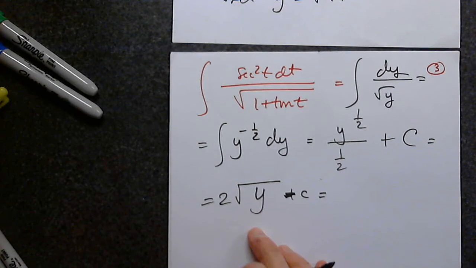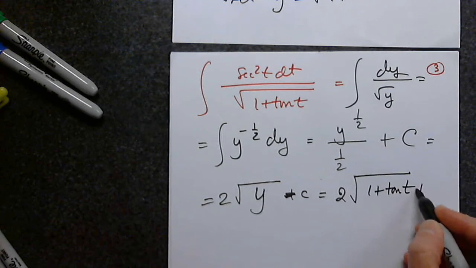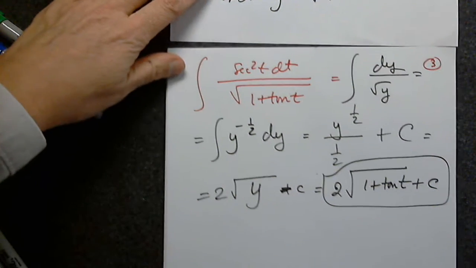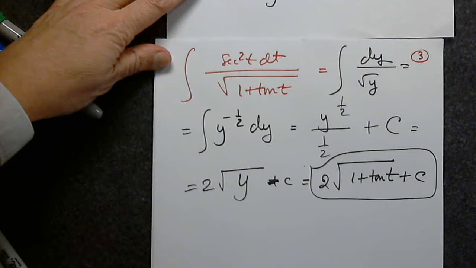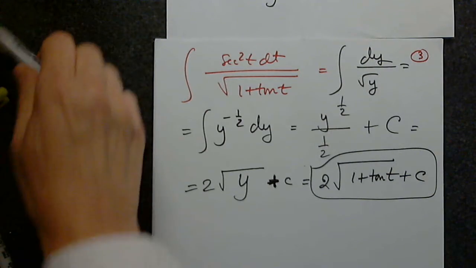And what was y? 1 plus tan t. That's it. Not too difficult to go back and check. So plus C or minus C? There is never plus or minus. There is always plus. I just wrote the equal symbol, my mistake. Sorry.